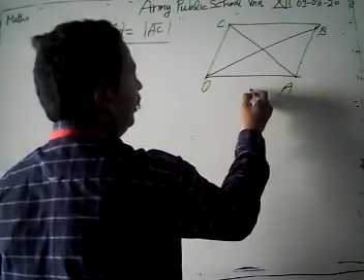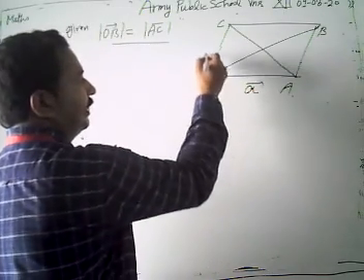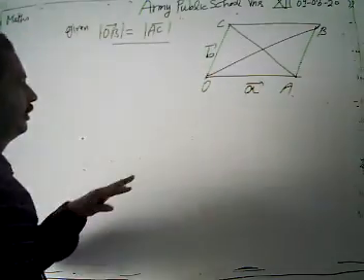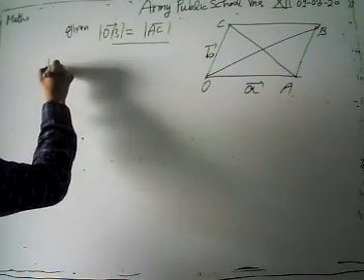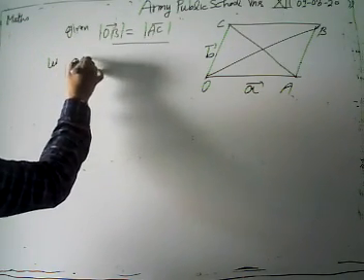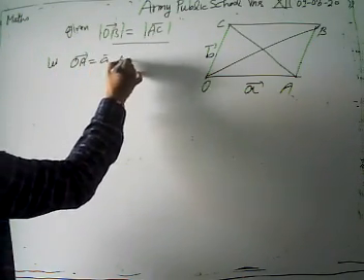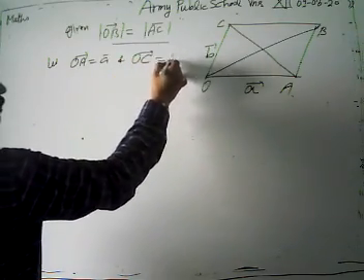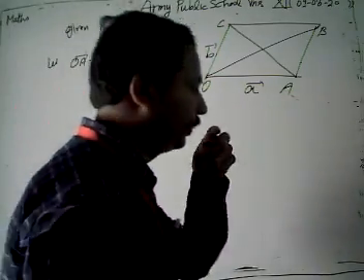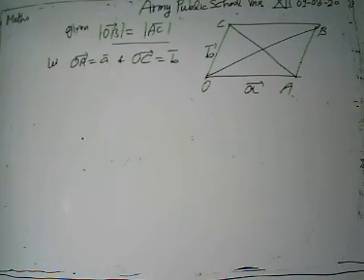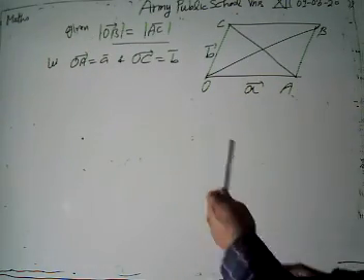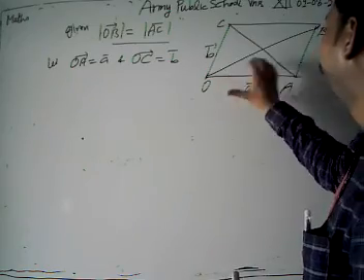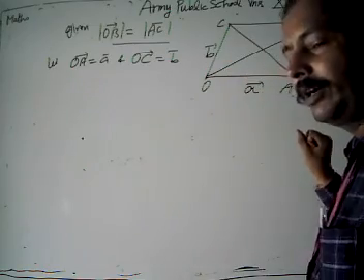Again, we take OA as vector A and OC as vector B. It is our parallelogram.